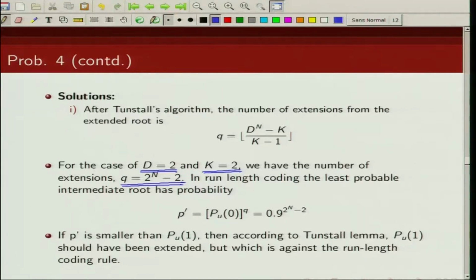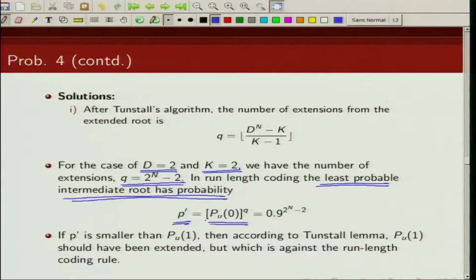So in run length coding, what are we doing? We are basically having runs of zeros followed by 1. In run length coding, the least probable intermediate node will have probability p dash, given by the probability of 0 raised to power Q, because in run length coding we are having n runs of zeros.